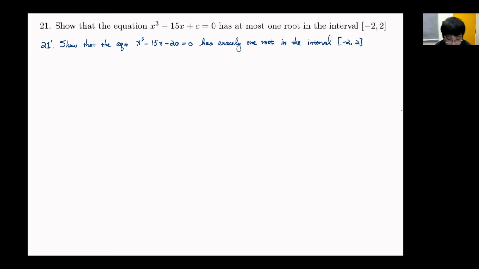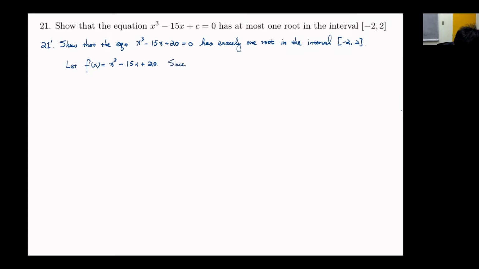Well, the first step is still to use the intermediate value theorem. So let's start by setting the function f. So let f be the left-hand side, namely x cubed minus 15x plus 20. So this is my f of x. Then this is a polynomial function.